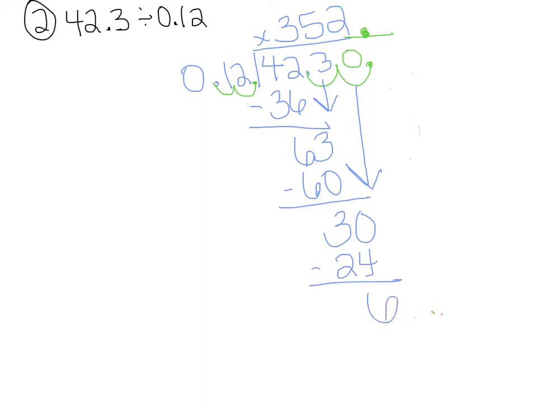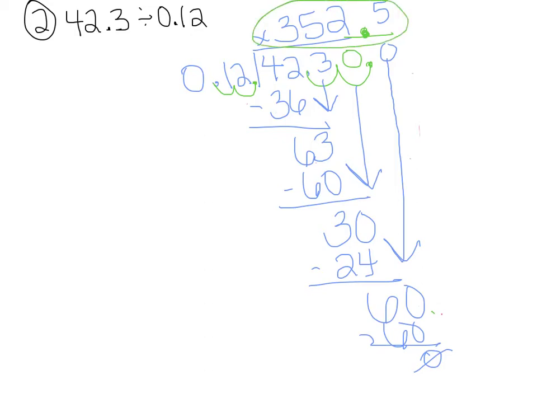Now, I have a remainder of 6. I do not just put the 6 at the top. I add a 0 to my dividend and bring it down. 12 goes into 60 5 times, and that goes in the tens place. I get 0, so my answer is 352 5/10.